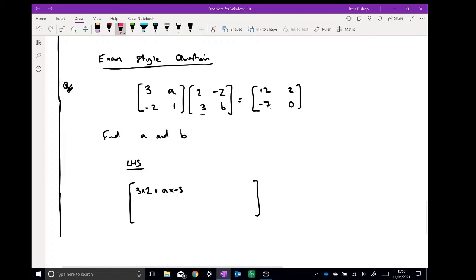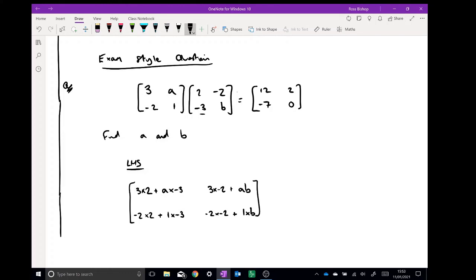Top right will be 3 times minus 2, and then A times B. Bottom left is going to be minus 2 times 2 plus 1 times minus 3. Okay, and bottom right will be minus 2 times minus 2, add 1 times b.